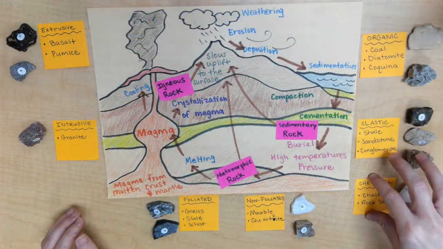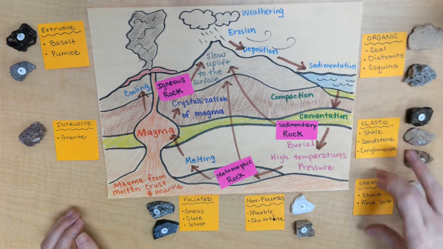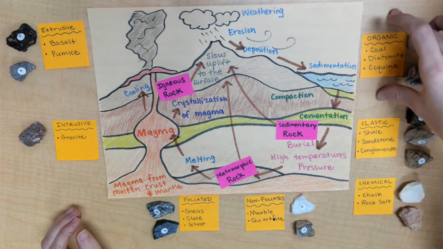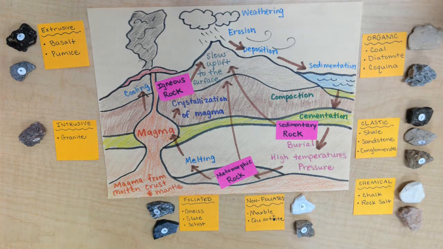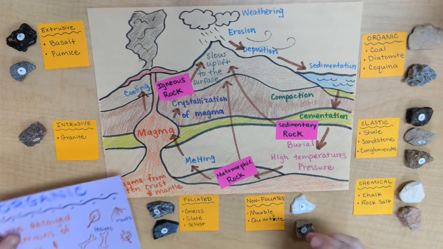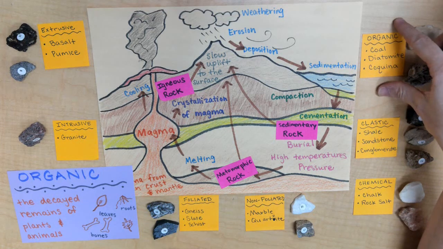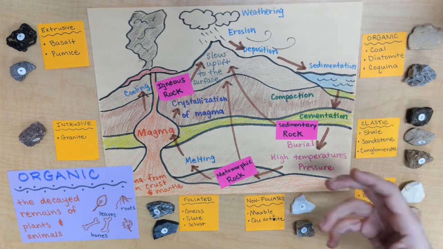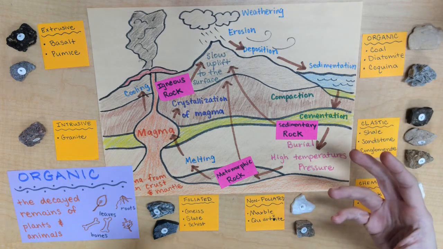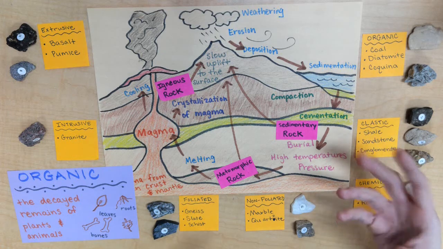So sedimentary rock can then be classified maybe in 3 categories. We have organic, clastic, chemical. When you talk about organic sedimentary rocks, that's just rocks that are the remains of dead plants and animals.